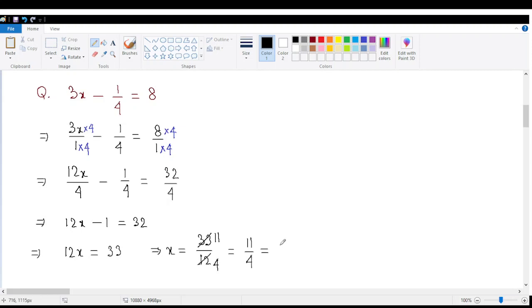You can make it 2 and 3 over 4. So this will be the final answer. Even if you keep it like this, that is also correct, but it totally depends on the question and the options if it's an MCQ, right? And if it's a grid-in, I will say you should take it as 11 over 4. That is how you can grade it on the grid-in.